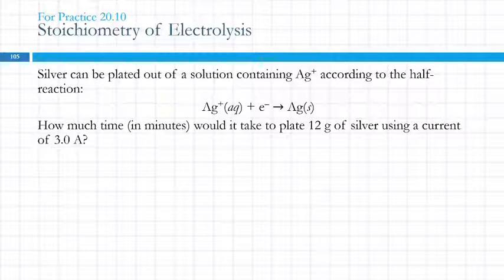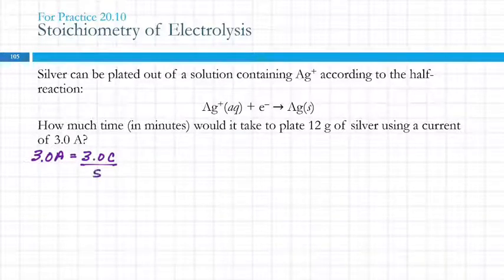Okay, so silver can be plated out of a solution containing silver according to this half reaction. How much time in minutes would it take to plate 12 grams of silver using a current of 3 amps? So 3 amps is equal to 3 coulombs per second.